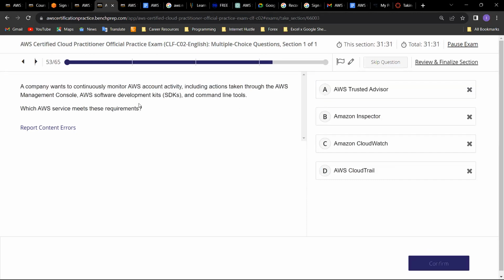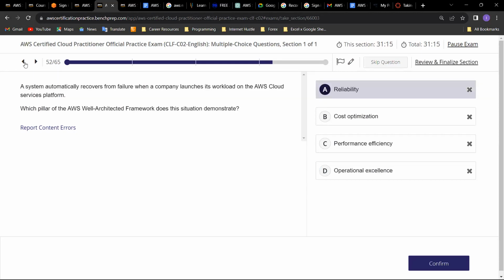Okay, we'll move on. Now you want to explain? We'll go back. So let's say we remove C, performance, and we put high availability, fault tolerance.